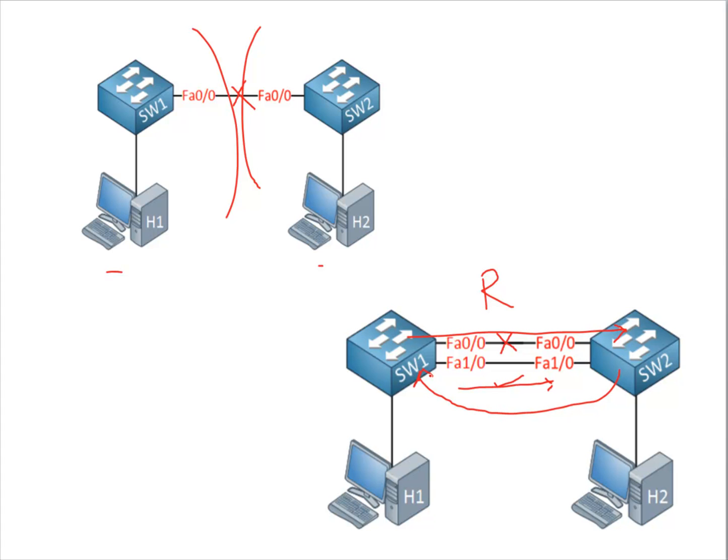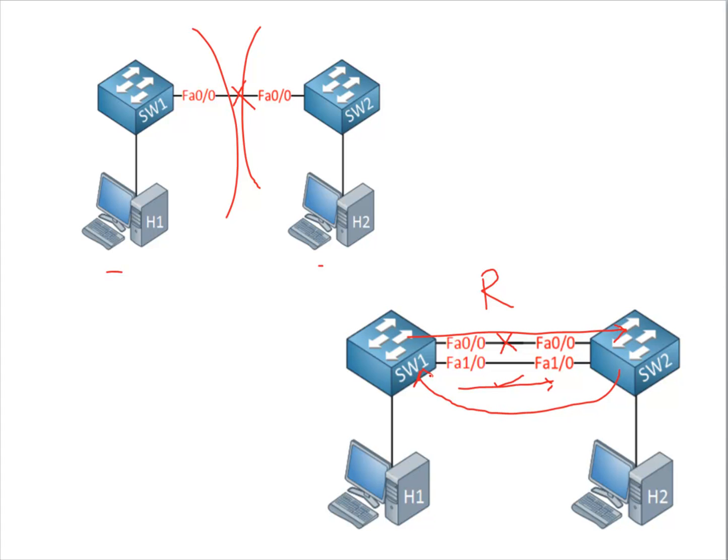If the loop is created, a lot of problems will come. Your network performance may go down, and it may affect the MAC address table of the switches. Technically speaking, there are plenty of drawbacks, and we are going to see them one by one.